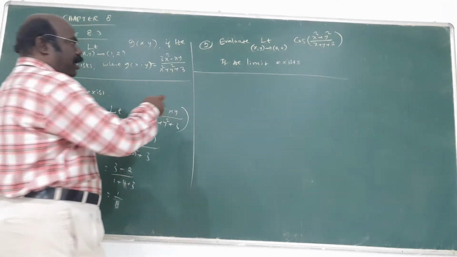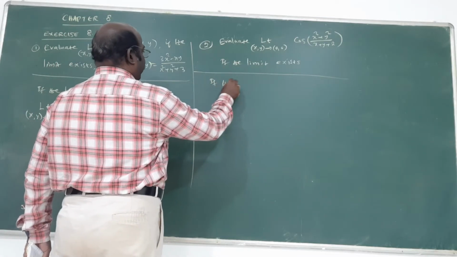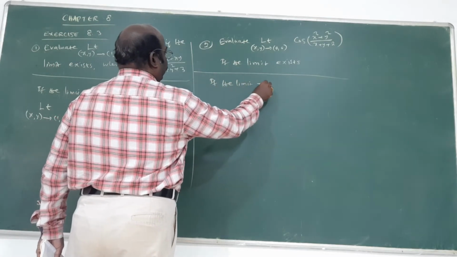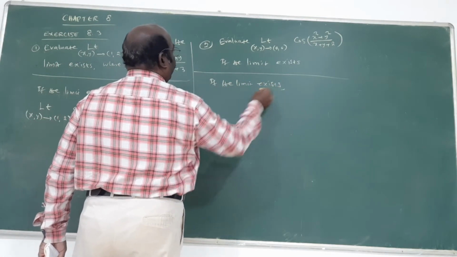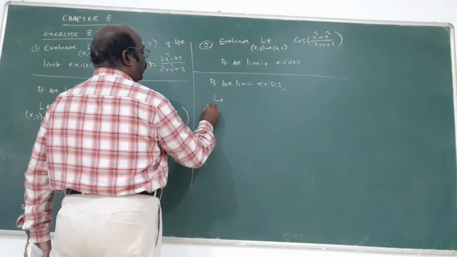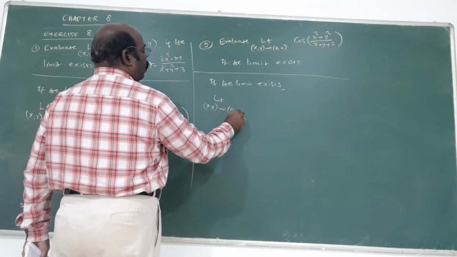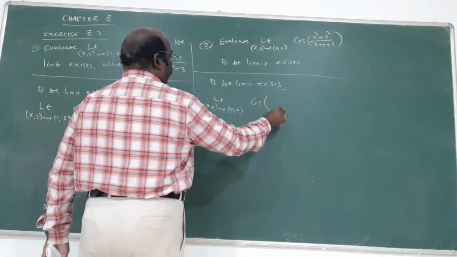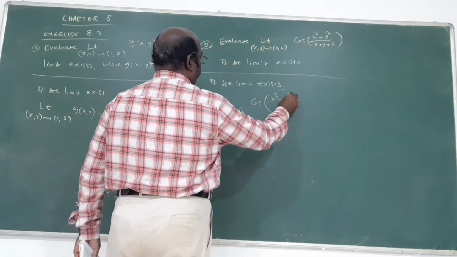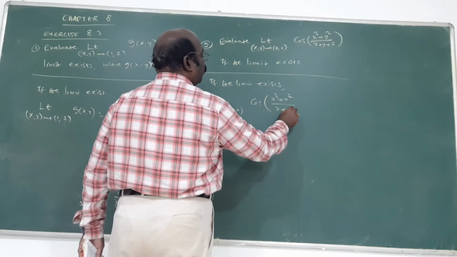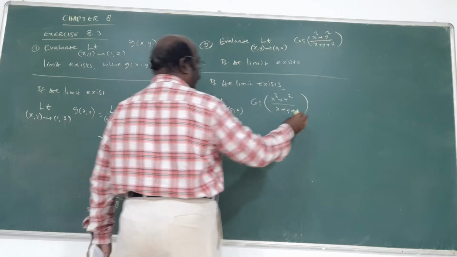Similarly, the same concept, if the limits exist. The limit as x comma y tends to 0 comma 0 of cos of (x cube plus y square) by (x plus y plus 2). Now replace here.